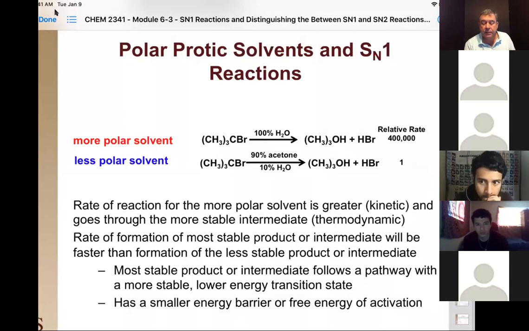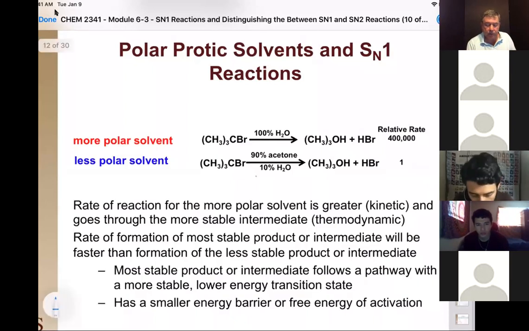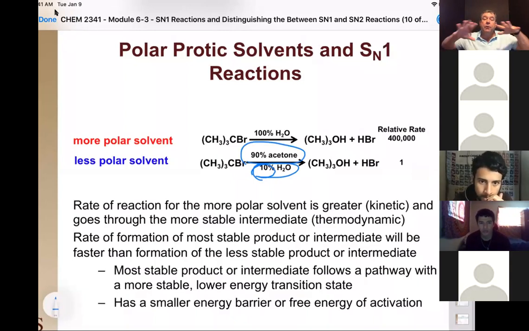Okay, so in this case here, for every 1 molecule of water, you have 9 molecules of acetone, approximately. And so the acetone's doing the job of creating that solvent shell around that substrate. Acetone can only do dipolar interactions and therefore makes the intermediate less stable and makes the activation energy much higher.